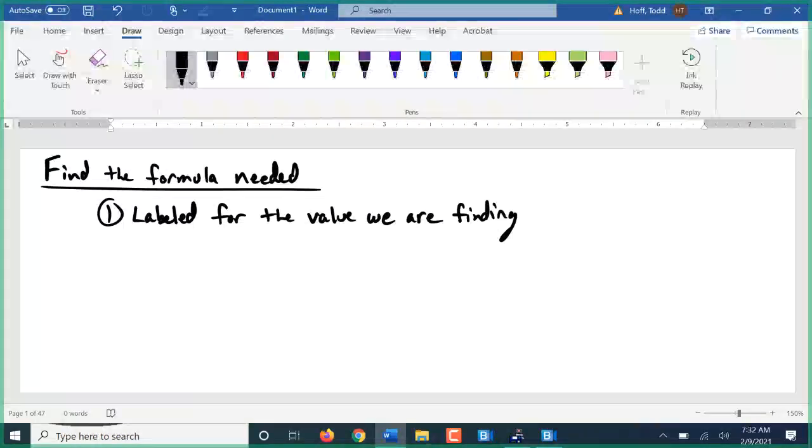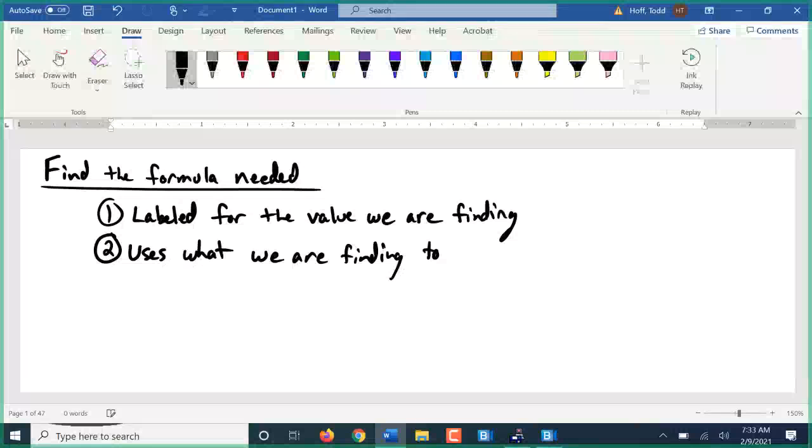There isn't always a formula that is set up that way, though. Second option is to look for a formula that uses what we are finding to calculate known information. Known values.